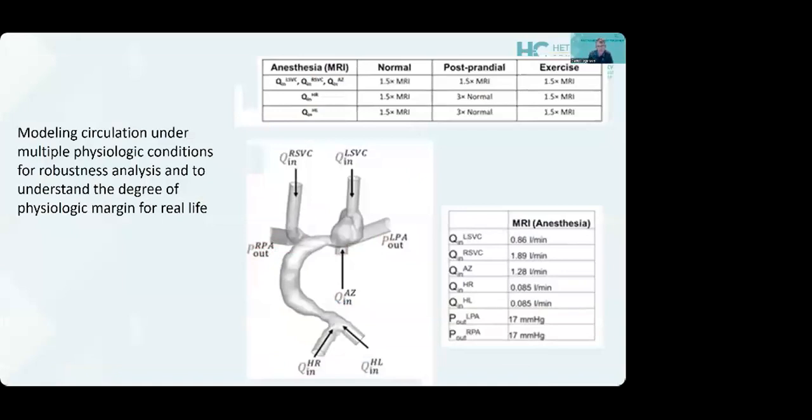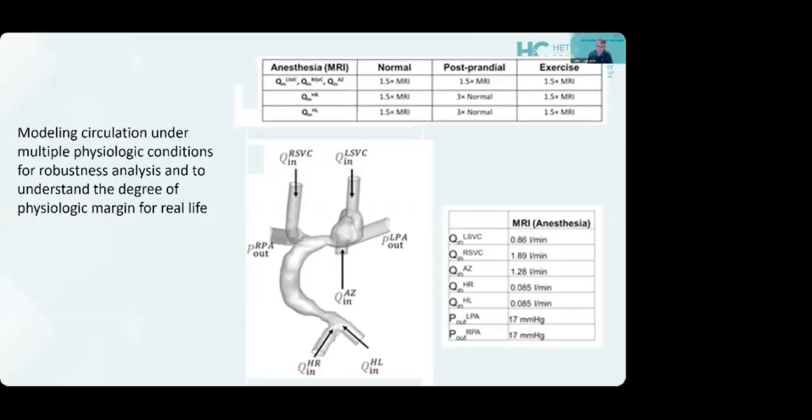And so one important thing that we've learned is that usually for these small children, the information from the cath and the MRI are obtained when the patients are under anesthesia. But it's really important to model the circulation under several different physiologic conditions to really have a robust analysis and then really understand how the flow is going to be in real life.